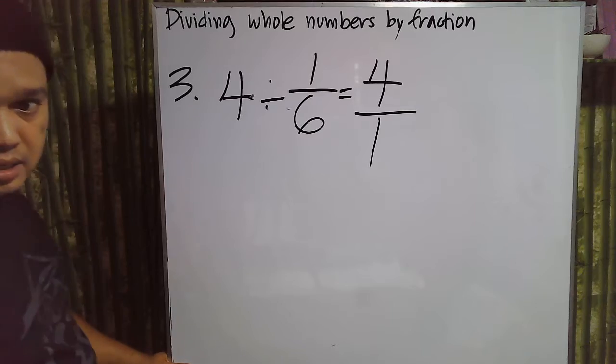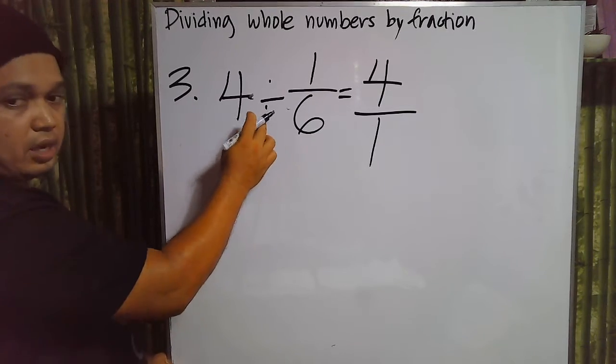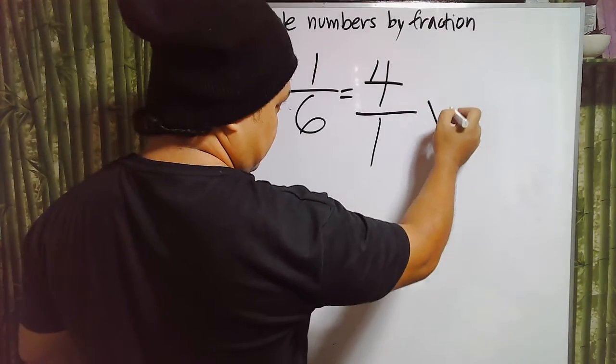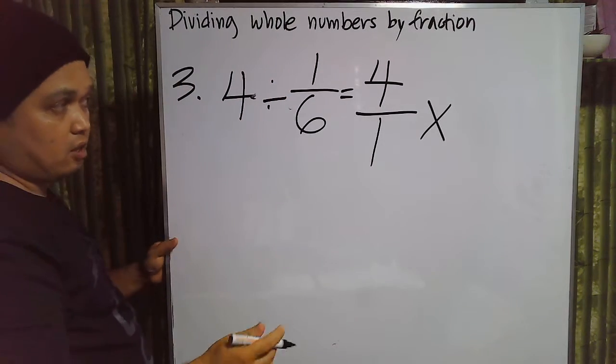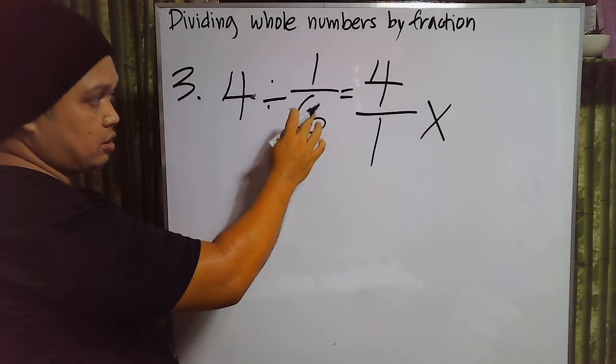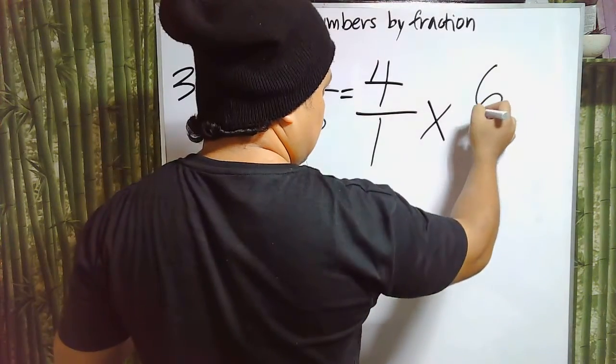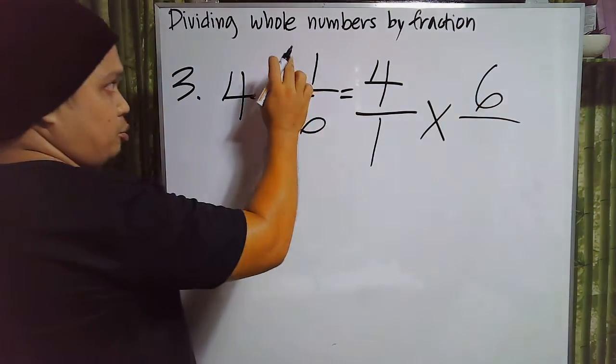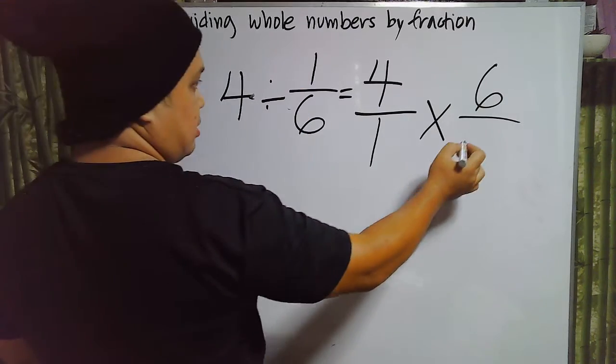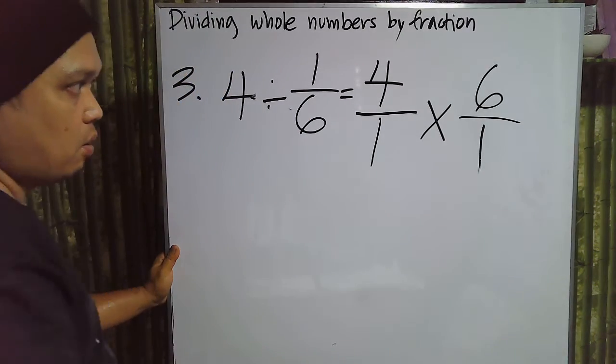Okay, next, division will become multiplication by the reciprocal of this fraction, which is the denominator becomes its numerator, that's 6, and the numerator becomes its denominator, it becomes 6 over 1.